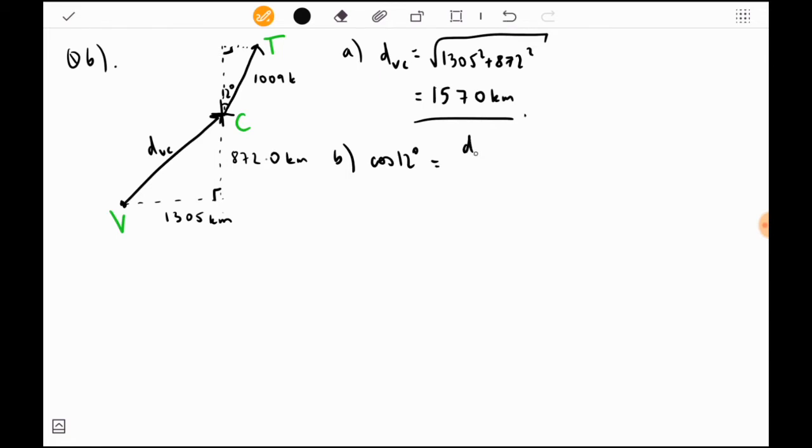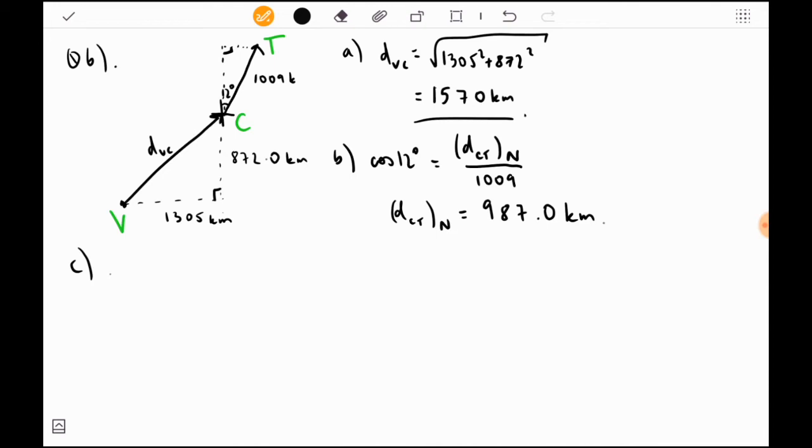So I'm going to write d_CT, brackets n for north, divided by 1,009. Rearranging and evaluating, we end up with 987.0 kilometers.